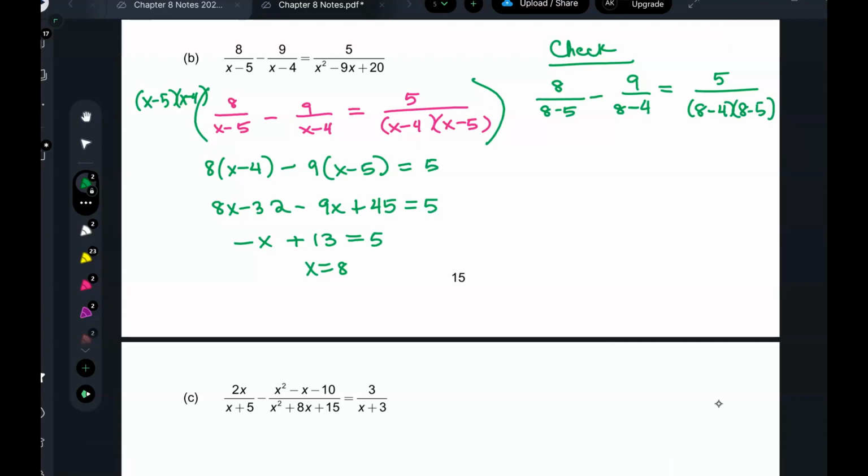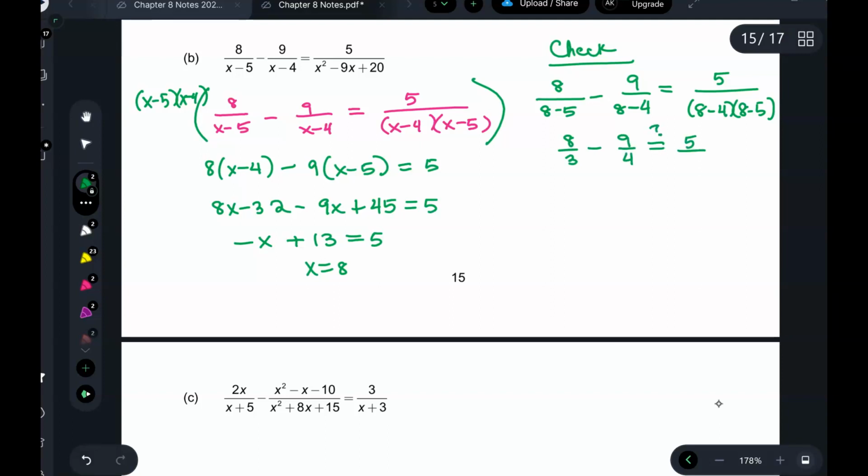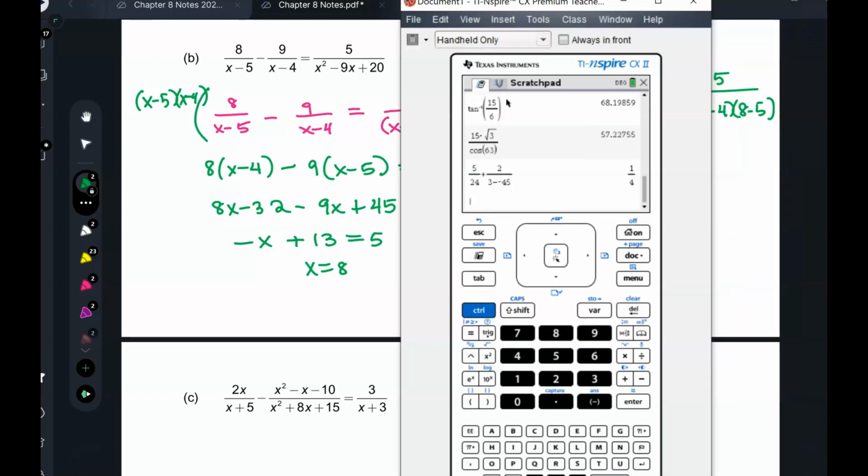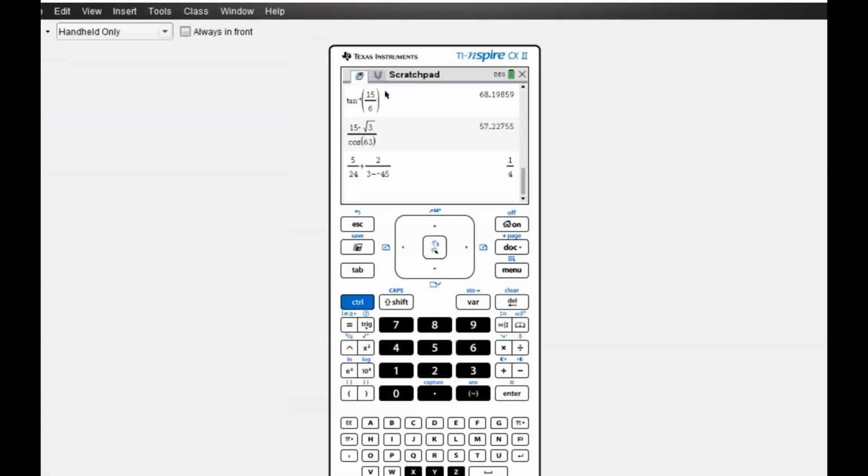Okay, so this is 8/3 minus 9/4. We want to see, does that equal 5/12? Let's see. What was it? 8/3 minus 9/4?